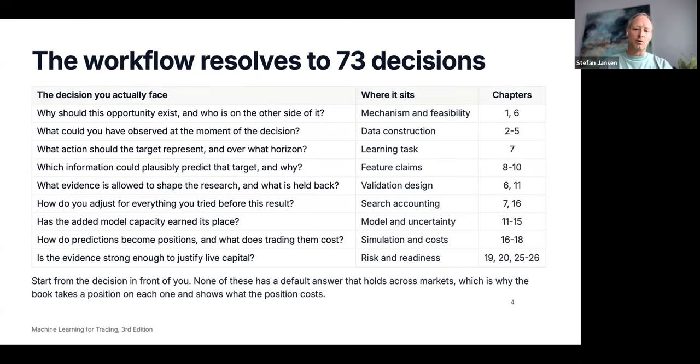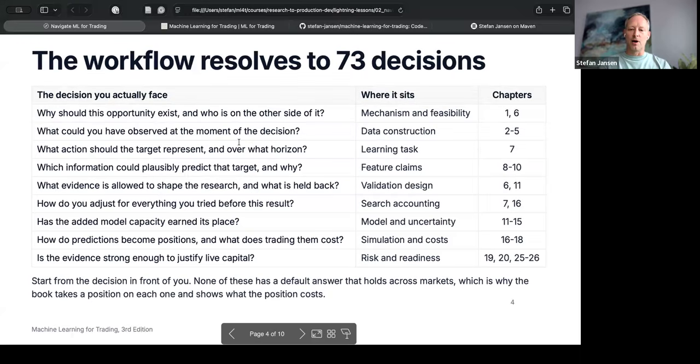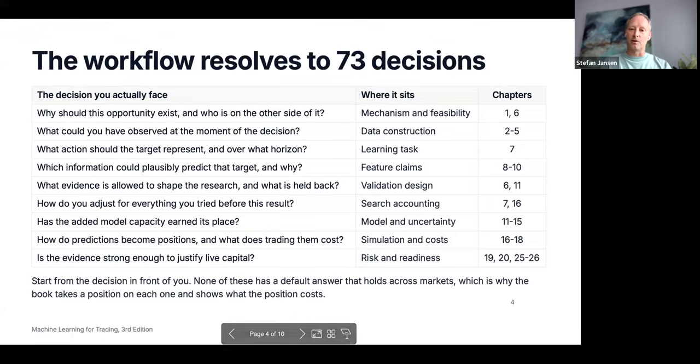What horizon? How should you deal with regression versus classification tasks, etc., and so on and so forth, right? Which kind of features could produce signal for the claim, for the idea that your trading strategy represents? How do you set up a robust historical simulation that gives you good evidence, whether what you try out historically, whether that actually carries forward into the period where you aim to deploy the strategy, right?